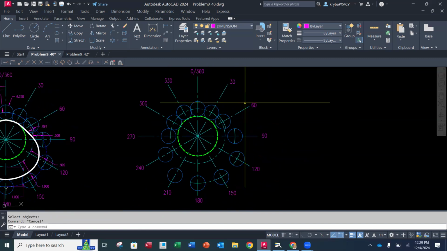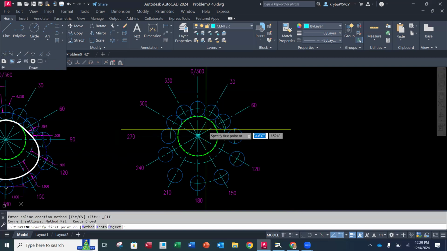Okay, so now I have all of my rollers in position. So now through the center of each one of my rollers, I am now going to generate my spline. So I'm going to change to the center, just because that's the one that I have going through there. And I'm going to go down to the draw command, and I'm going to go all the way over to the left, and this is going to be the spline fit.